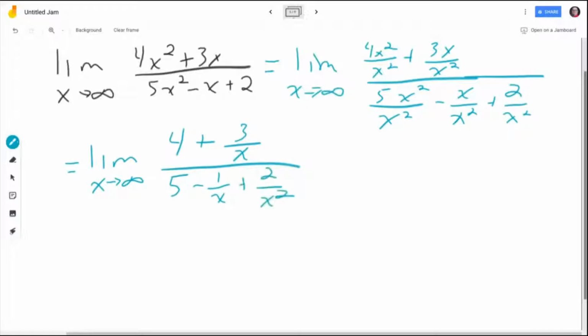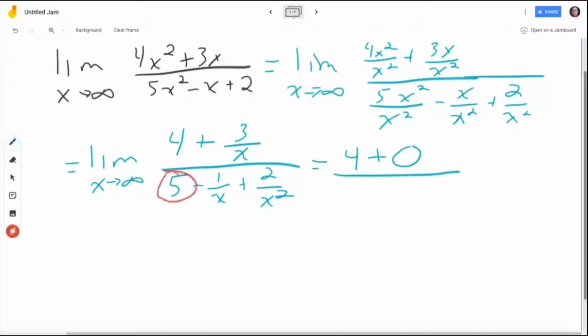Okay. And so now, if we look at each part of this, from the theorems we learned about with limits, we know we can break them up. We're going to evaluate each part of this as x approaches infinity. So 4 is just going to go to 4, right? The 3 over x, 3 divided by infinity, that's going to go towards 0.